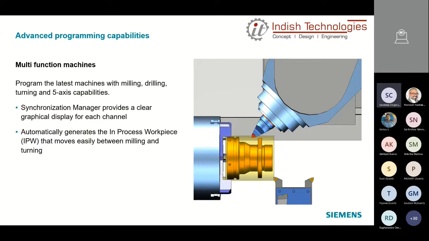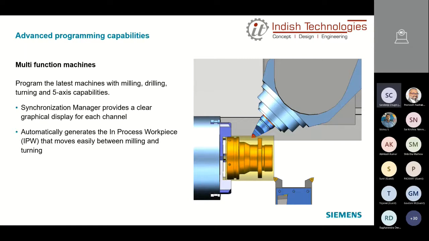We have the solution for multifunction machines also, wherein you have multiple spindles, multiple channel machines. Like you have a turret in front, you have a B-axis tool holding system in the rear, you have a steady rest, everything can be simulated also. And you can synchronize two turning operations together on a main spindle.